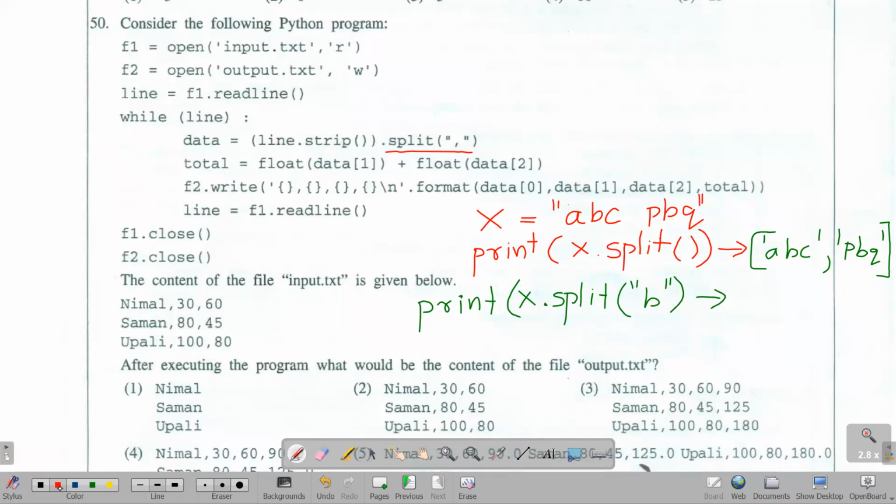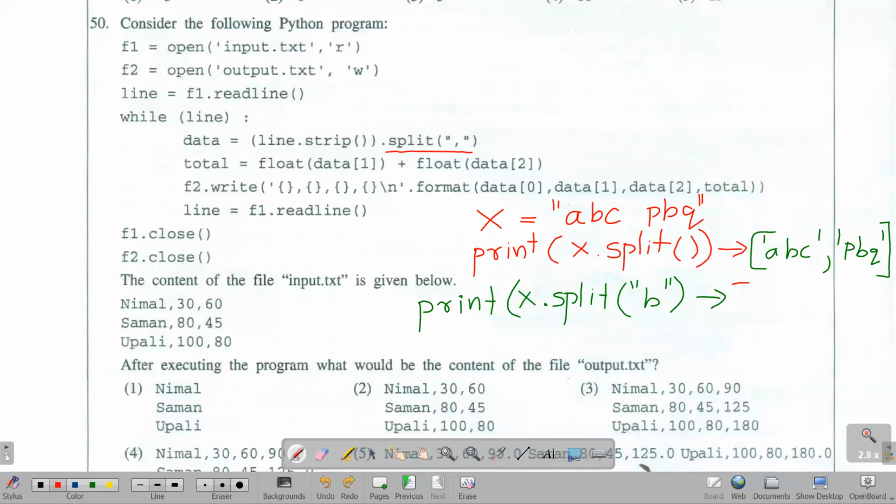So earlier when we were splitting from the space, we lost the space, right? It's ABC, no spaces here. So the space is thrown out, then PBQ is created. So when asked to split it from B, we will lose the character B.